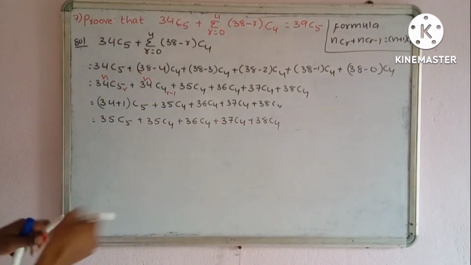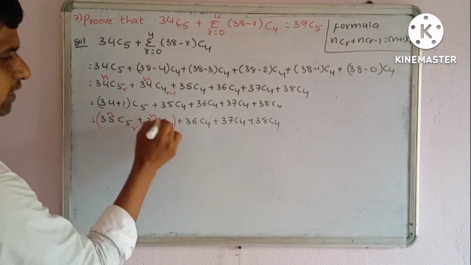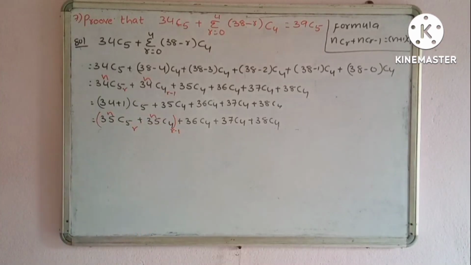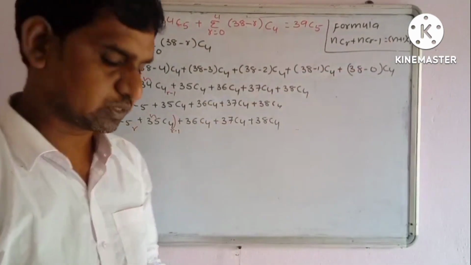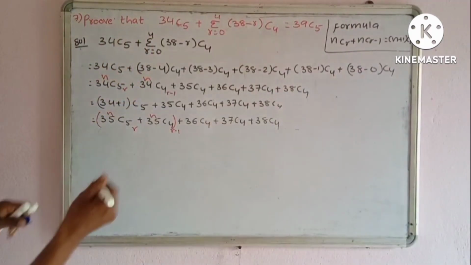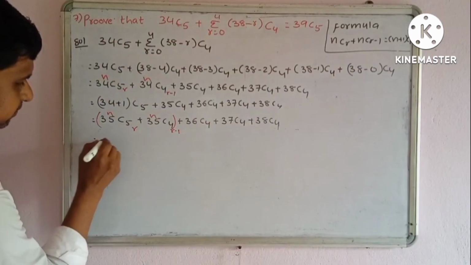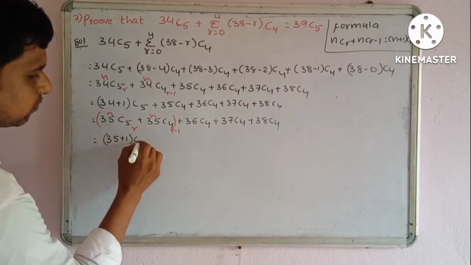Now observe these two terms: nCr and nC(5 minus 1), 5 minus 1 is 4. So again nCr plus nC(r minus 1) equals (n plus 1)Cr. So this is (35 plus 1)Cr, r value 5.